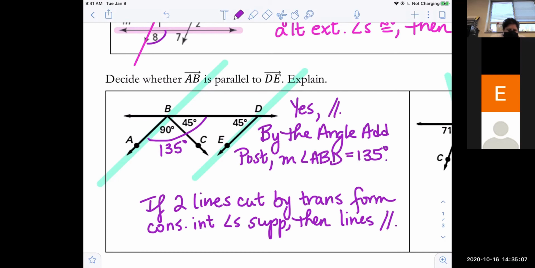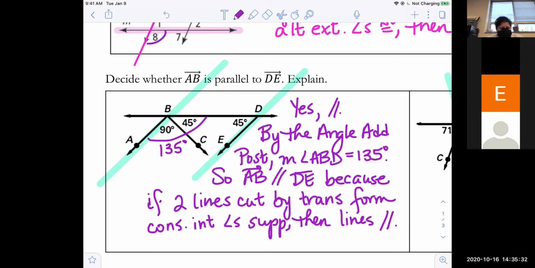And then ray AB is parallel to ray DE because, if two lines cut by a transversal form consecutive interior angles that are supplementary, then the lines are parallel.